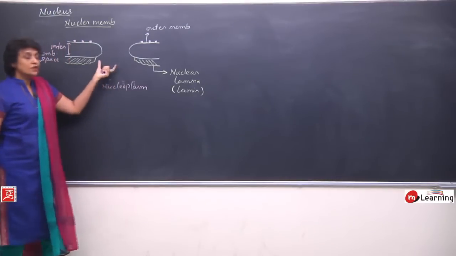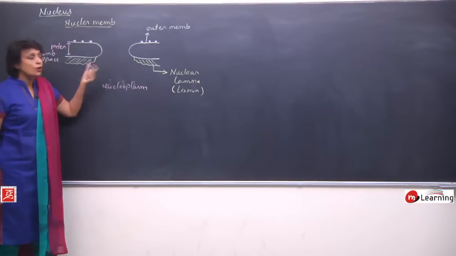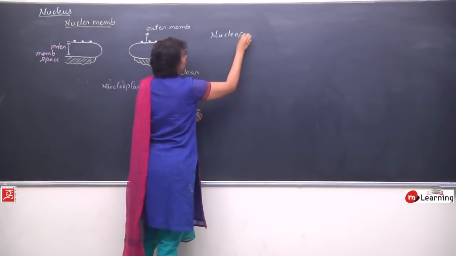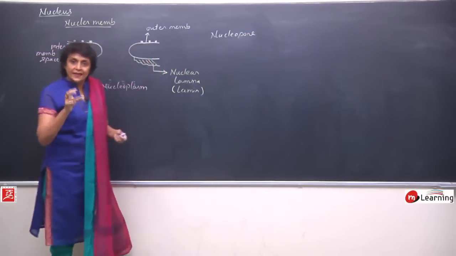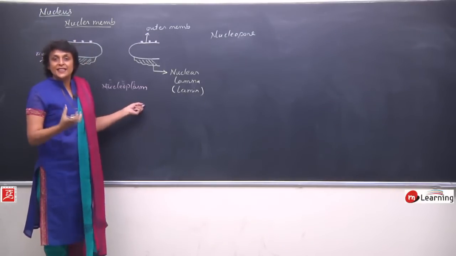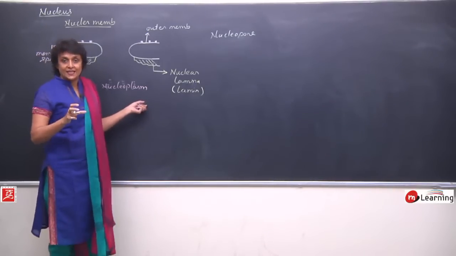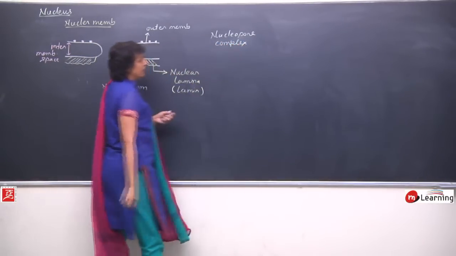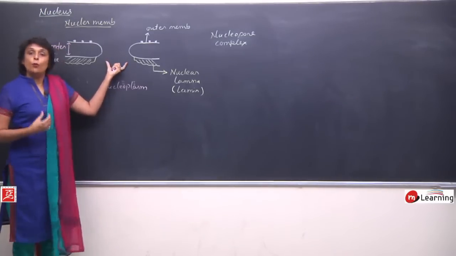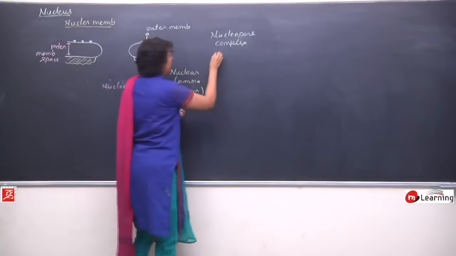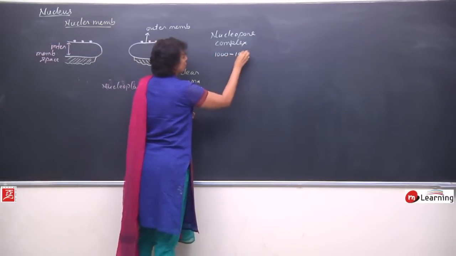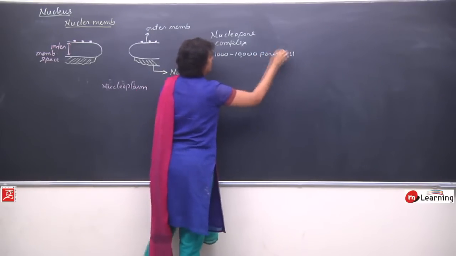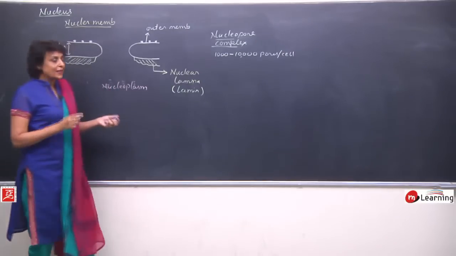This gap which is found in the nuclear membrane is known as nucleopore. A nucleopore is not an opening as such. There is a structure which is fitted inside it, known as a nuclear pore complex. How many pores are there in a nuclear membrane? Normally it varies from 1000 to 10,000 pores per cell. So this is a variable thing.